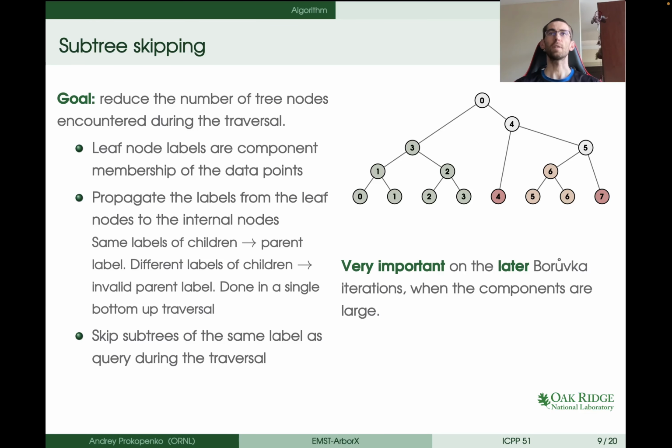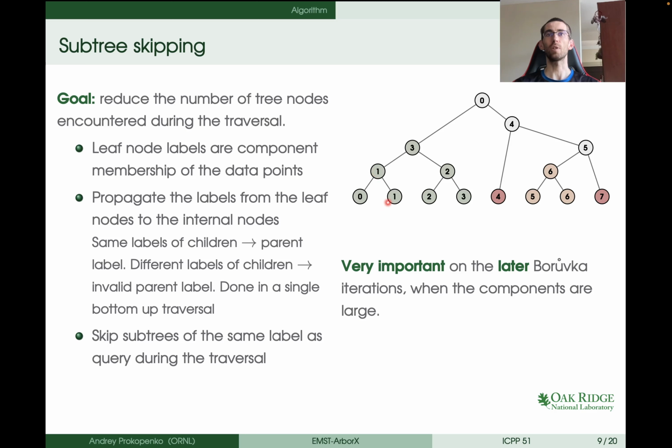In order to understand the idea of the subtree skipping, we first need to realize that when we construct a tree out of the data points, each leaf node of the tree corresponds to a data point, and thus, because every data point carries a membership in a component, the leaf nodes can be associated with the component membership. Given that information, we can do a single bottom-up traversal on the tree, propagating those labels to the internal nodes.